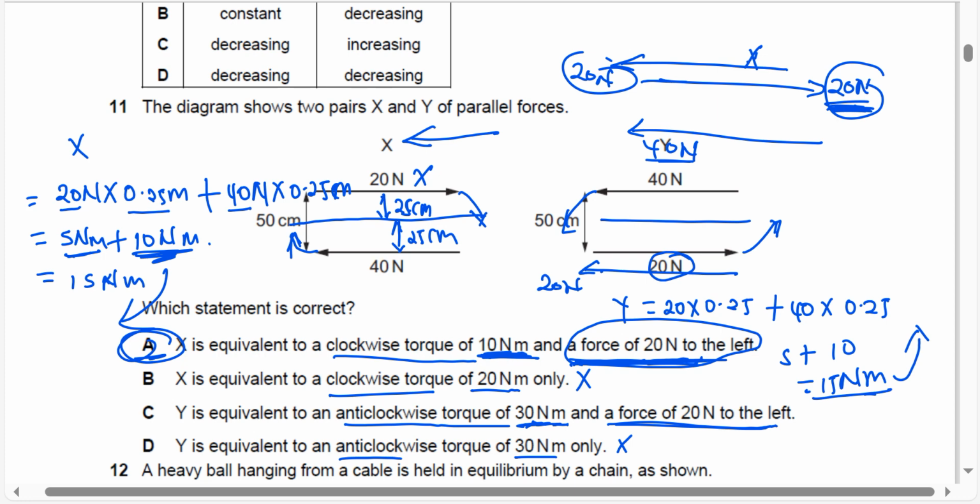That means I remain with a moment of 40 times 0.25, which is equal to 10 Newton meters. So if it was 10 Newton meters and a force of 20 newtons to the left, it would be correct. But since it is 30, this would not be correct. So I'm saying the answer is B.